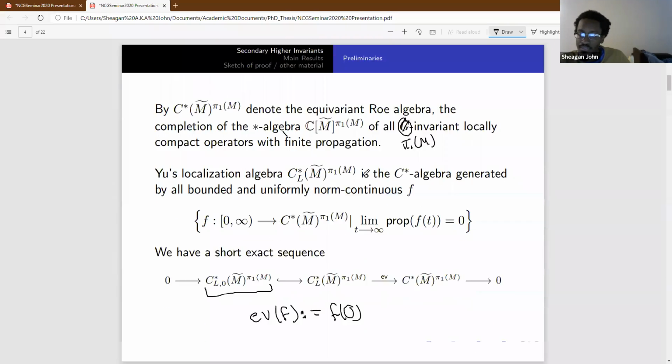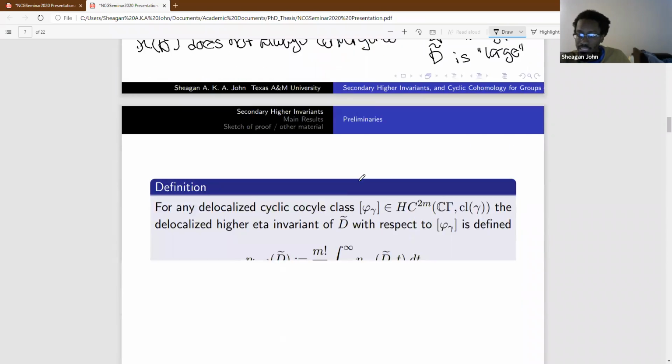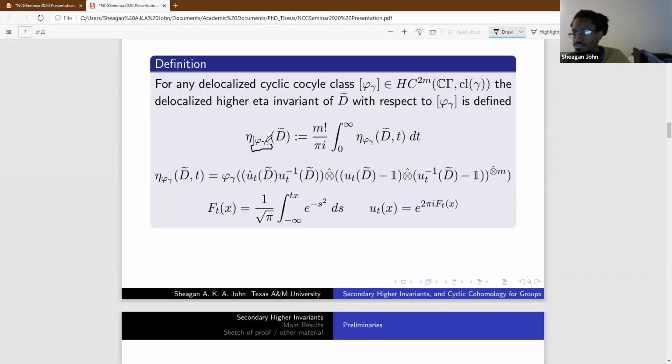Ah, I see. Where we need to pair with these higher cyclic cocycles. Is that the question? Yes, that's right. Okay.